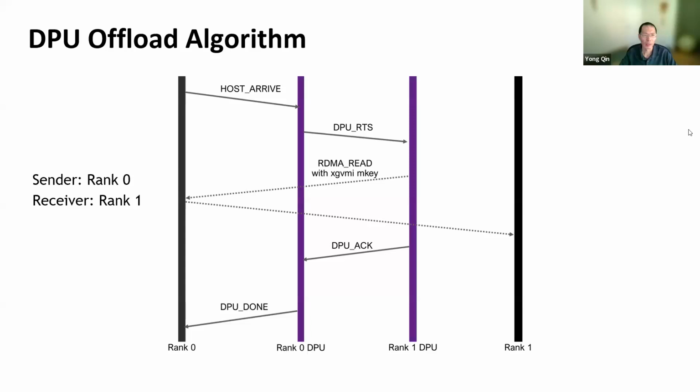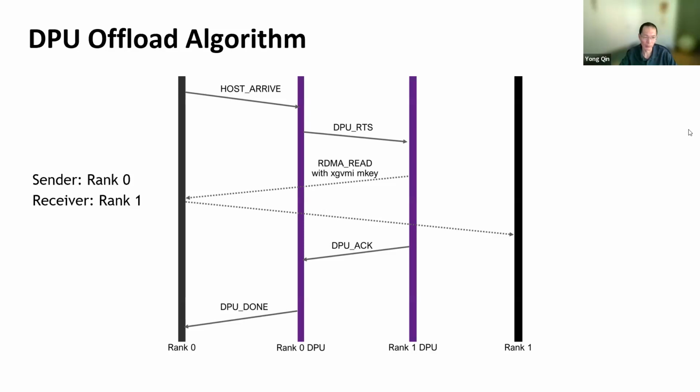So when we're designing the offload algorithm, we will continue to use the ring algorithm, but we have to do something differently, because now we want to offload the ring algorithm from the host side, where it was originally being executed, to the DPU.